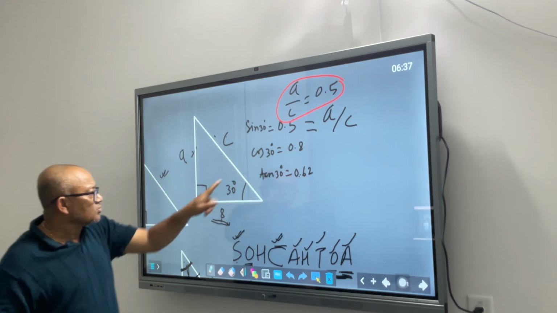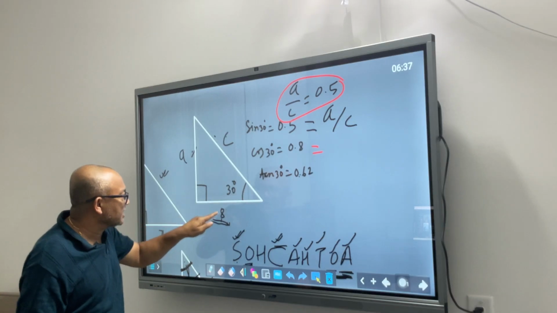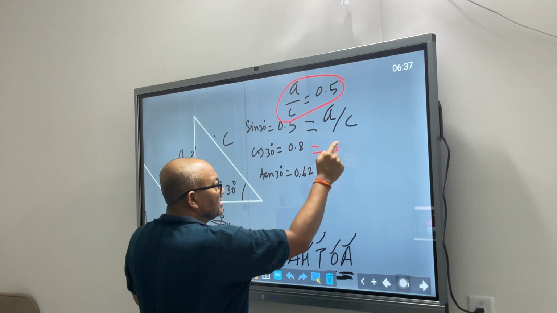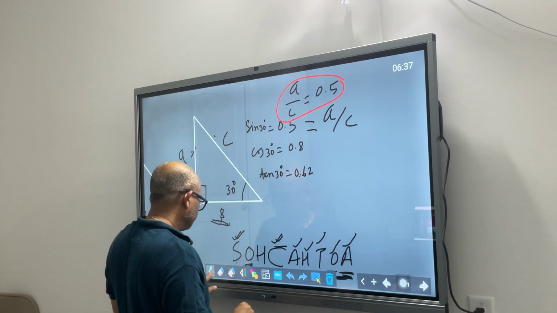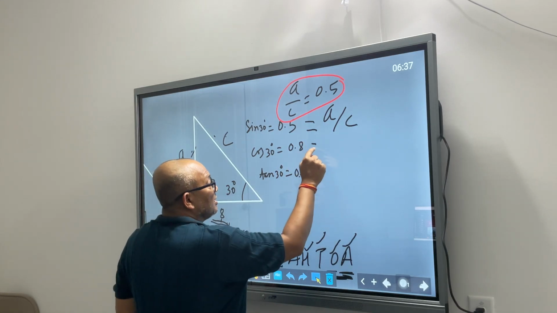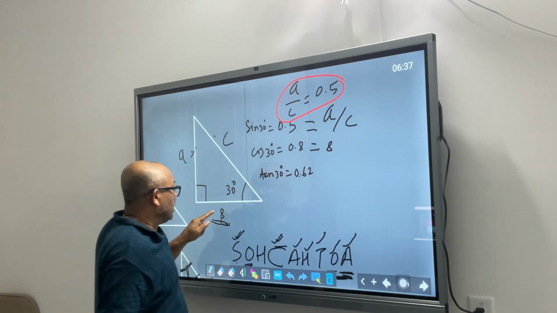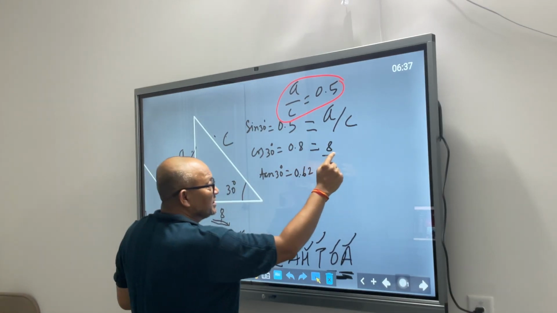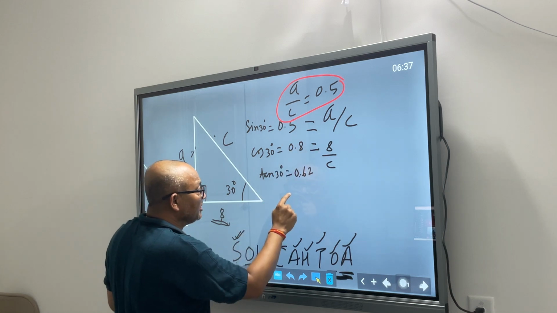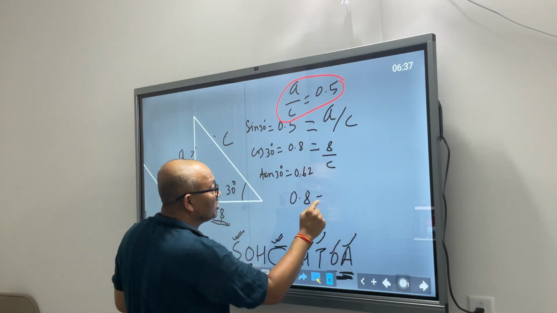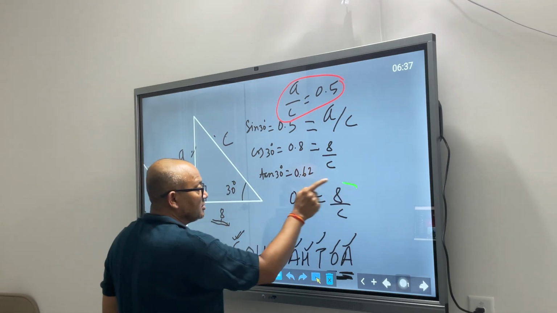Okay, let's go to cos 30 degrees. Cos of this angle is adjacent side by hypotenuse. So adjacent side is 8. Cos 30 degrees is adjacent side, which is 8, divided by hypotenuse, which is C. So 0.8 equals 8 over C. This is the second piece of information we got, the green one.